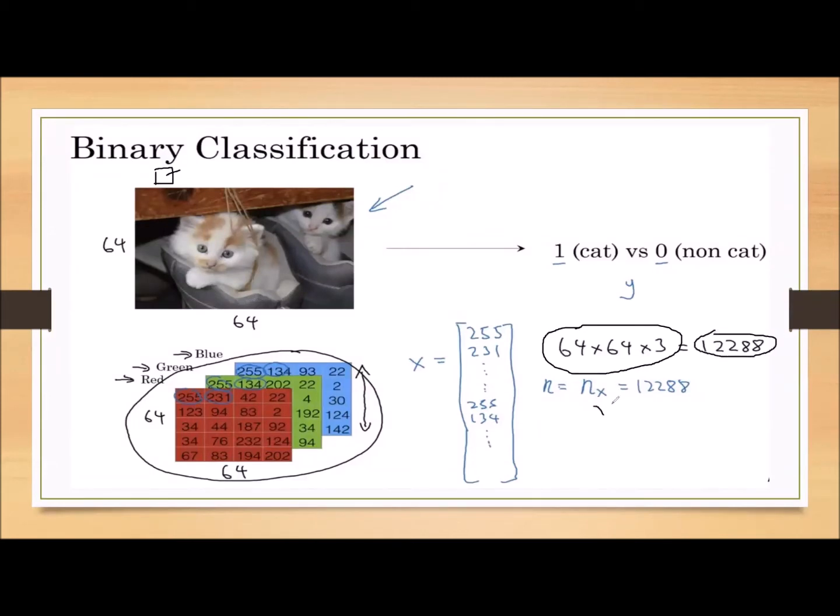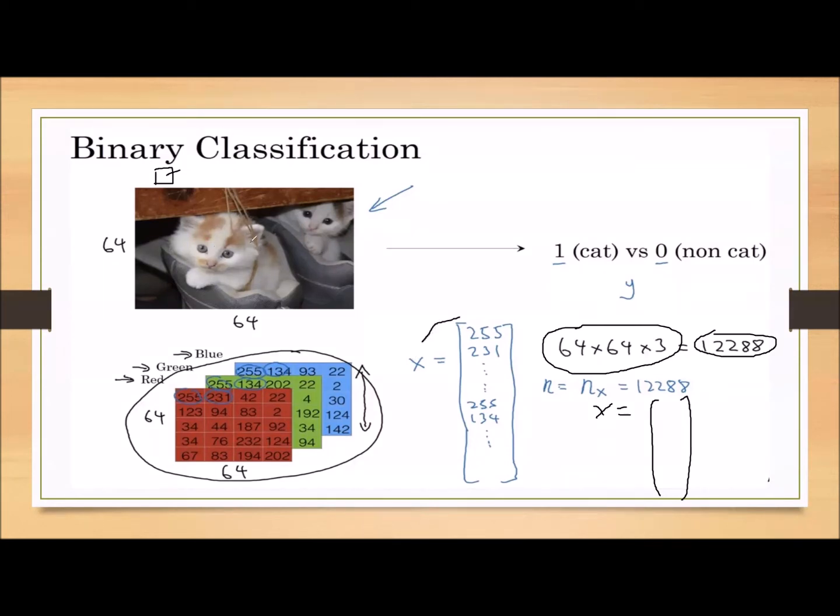Now I want all these rectangular boxes' information. Remember, in each rectangular box, the information is from 0 to 255. I am representing that color by using a number. That number may vary from 0 to 255. Now I am taking all those 12,288 values in a single column by using a matrix X. This is our input.